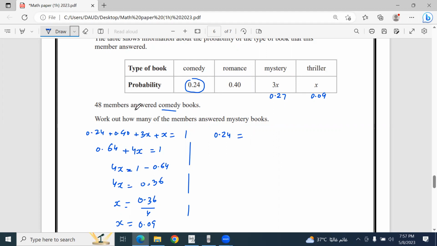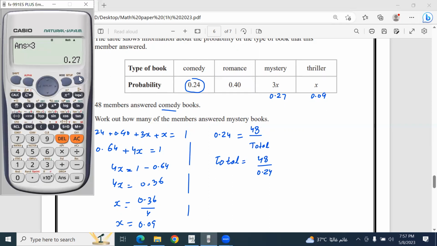We know there are 48 members, but we don't know the total. So total equals 48 divided by 0.24.